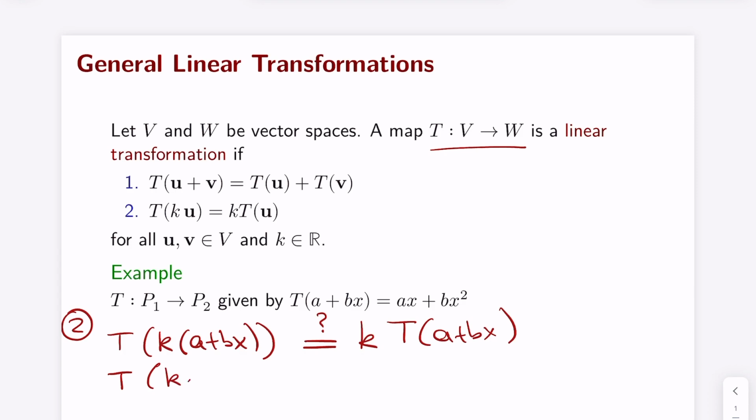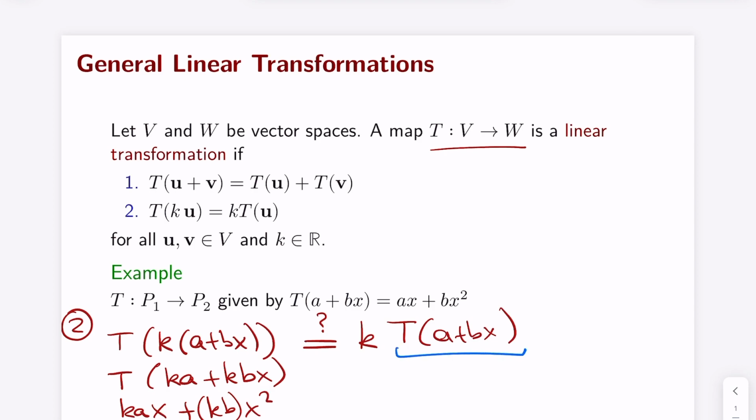The multiplication here is ka plus kbx. Now we apply T to this polynomial, which says that it is ka, the first term here, times x, plus the second term, that is kb, times x squared. Okay, so this is then the transformation of the left part.